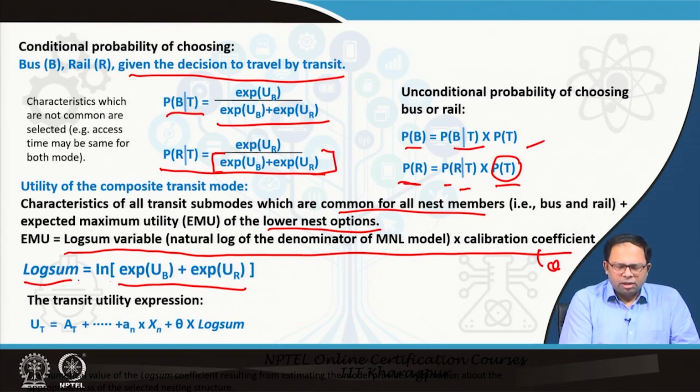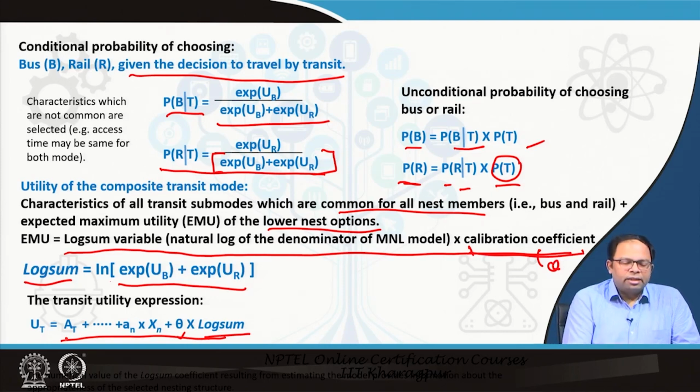That is why it is called a log sum, and then the transit utility equation becomes the log sum into this coefficient for this particular log sum parameter, and then we also have AT plus AN into XN. These are the different attributes which are common characteristics of the transit mode. Together this forms the utility equation for the transit.